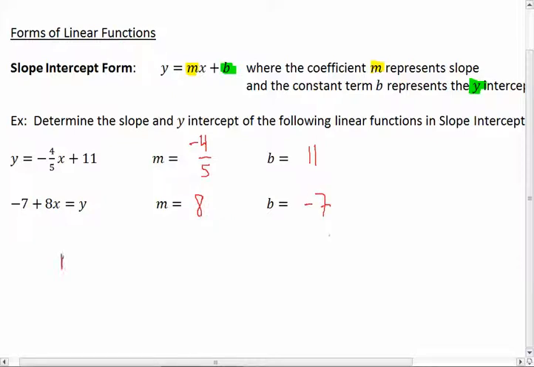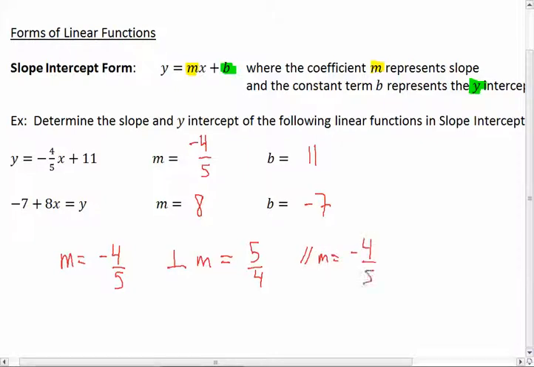Let's say that I have a slope that's negative 4 over 5. What would be the perpendicular slope? Would it be positive or negative? Positive, 5 over 4. What would be the parallel slope? Negative 4 over 5.